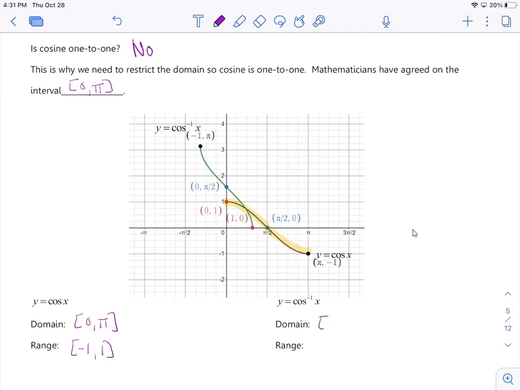We should just swap our domain and range. But say you do want to think about it, and I hope you do. We can see here, if we're just looking at the green graph, that our domain is negative 1 to 1. And our range is 0 to pi.